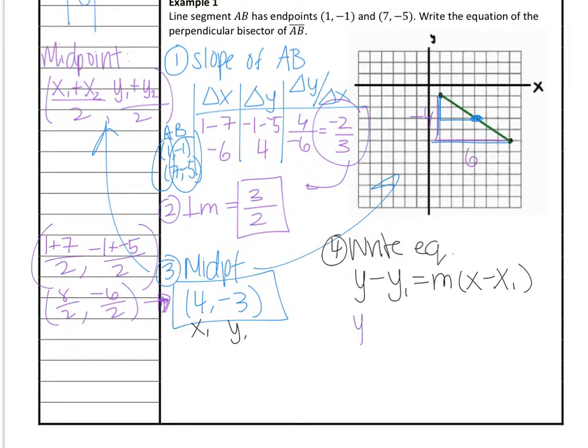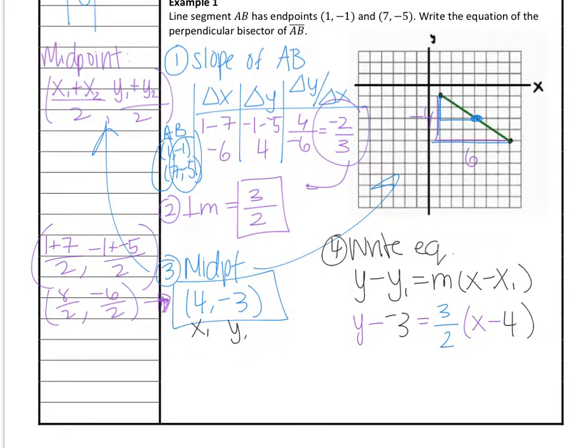So we have y minus -3 equals slope, which was 3 over 2, times x minus 4. And again, the x1, y1 are coming from the midpoint right here.